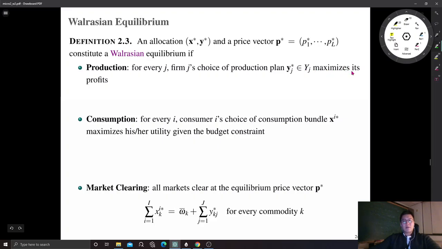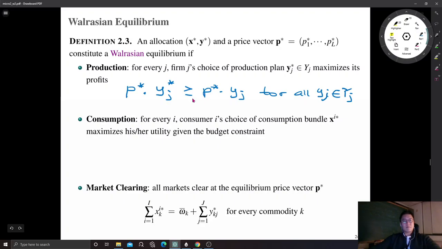It has to maximize firm j's profit. So in math, we can write this as p star dot y j star. At this price vector, firm j's profit by choosing this production plan is a maximized profit, meaning that this value is higher than p star dot y j for all feasible plans, for all y j in the set Y j.